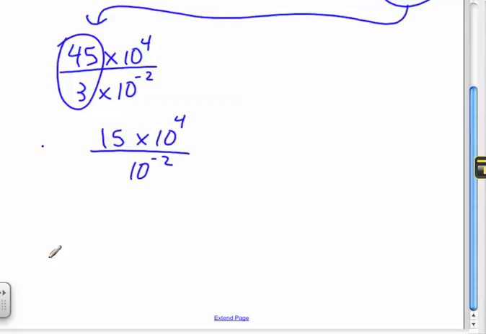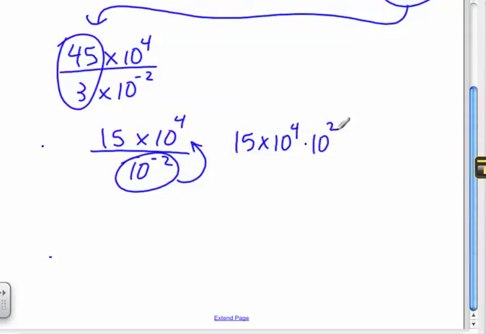What I can do is just what Jackson's saying. Jackson's telling me that thing has a negative sign. It needs to be on top. So now that says 15 times 10 to the 4th times 10 to the 2nd. Now I can put the two powers of 10 together, and I'm going to get 15 times 10 to the 6th. But is that the way we like to write our answers?